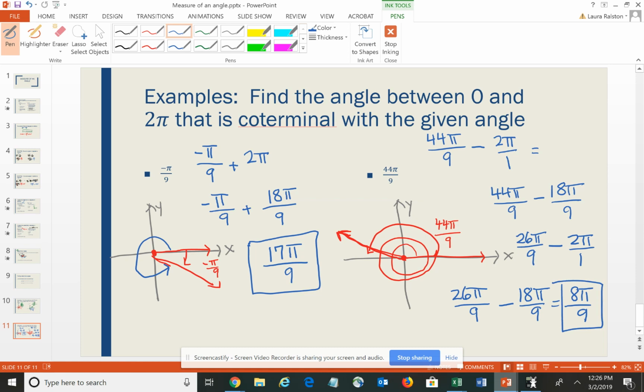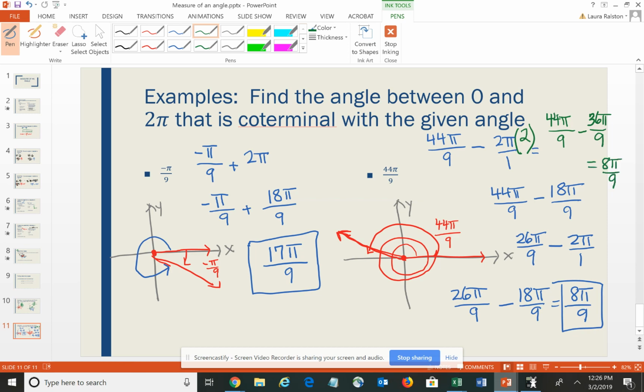Now, what I could have done initially is multiply 2 pi by 2 and subtract it 2 times, which would have been 44 pi over 9 minus 4 pi, or 36 pi over 9, and I still get 8 pi ninths.